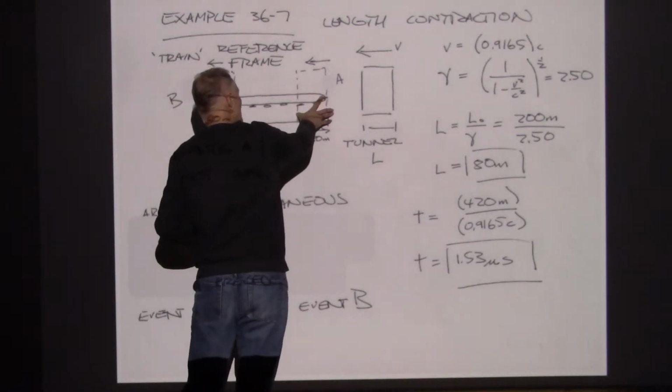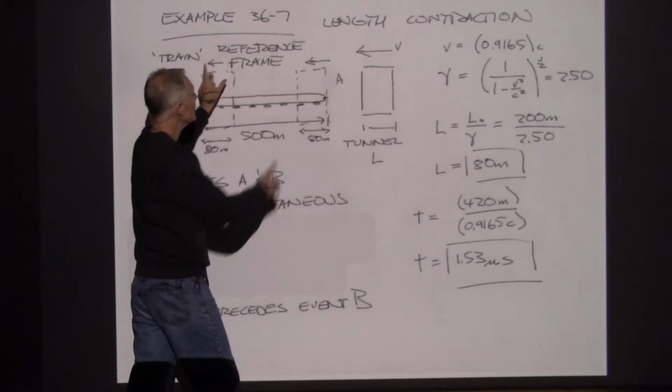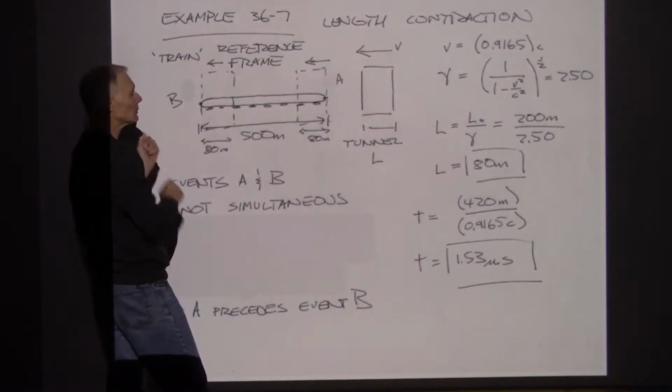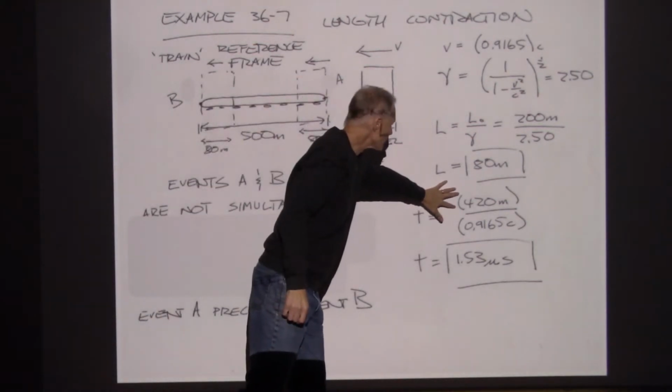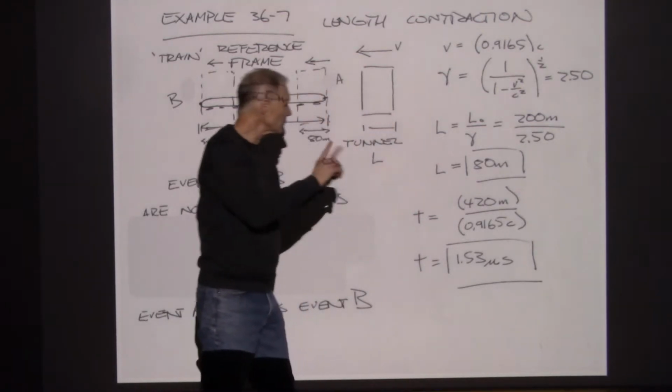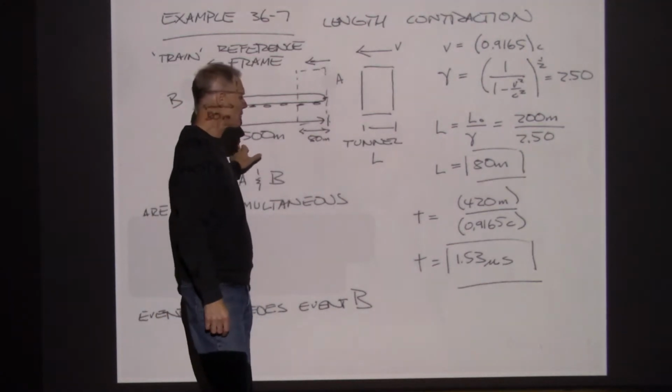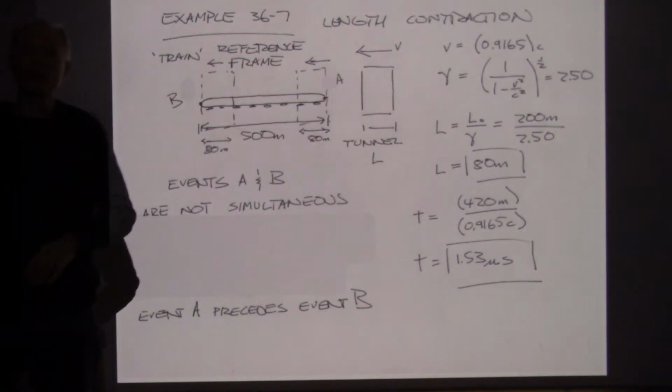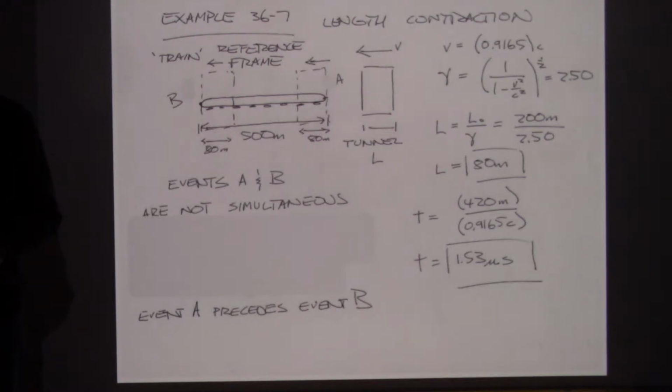So from this picture to this picture, the tunnel has traveled 420 meters. Now the tunnel is moving at 0.9165 C, so the time delay between the two events is 1.53 microseconds. I mean, that's not nothing, so that's an easily measurable quantity of time.